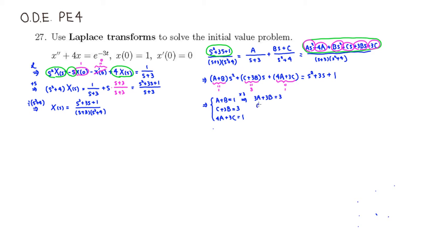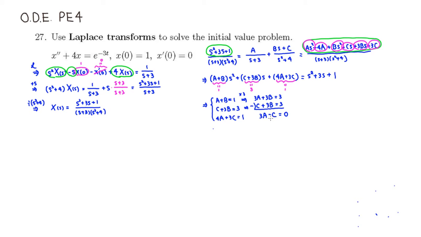And I'm just going to copy the other one, c plus 3b is equal to 3. So we can just do a subtraction, and that will give us 3a minus c, and the 3b terms cancel out, so it's going to be 0. So we got one equation there.